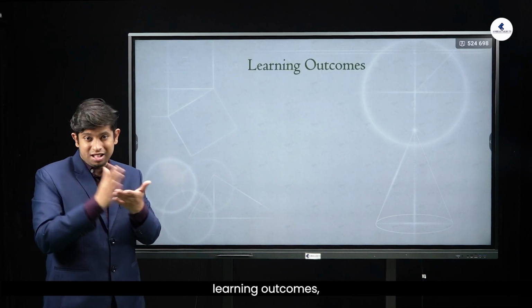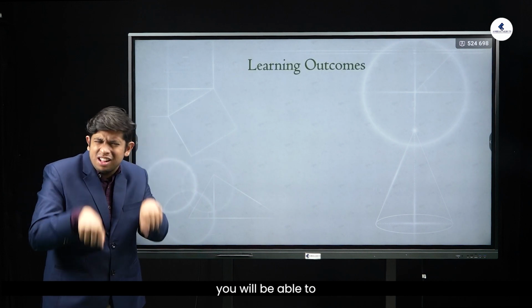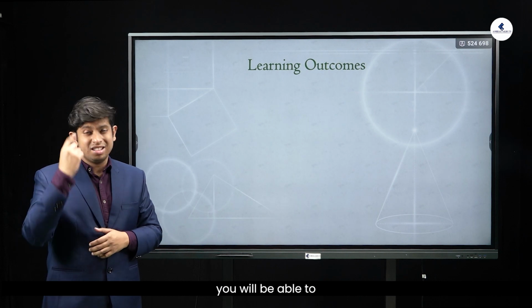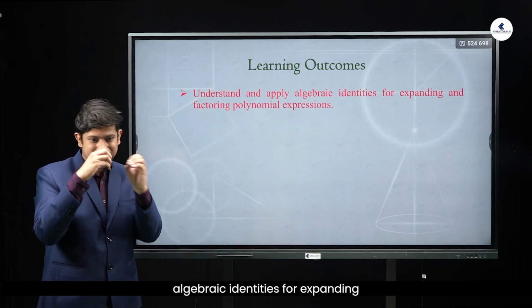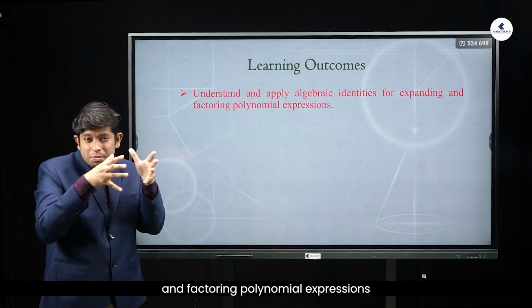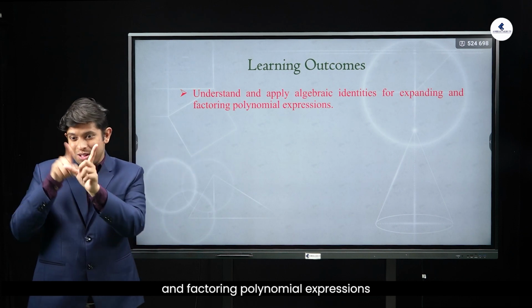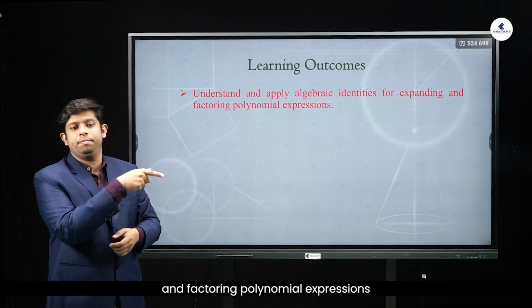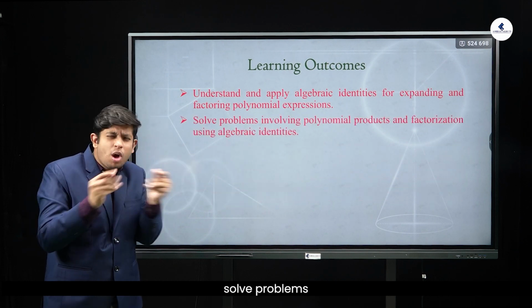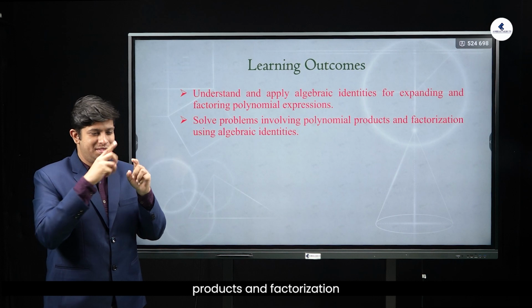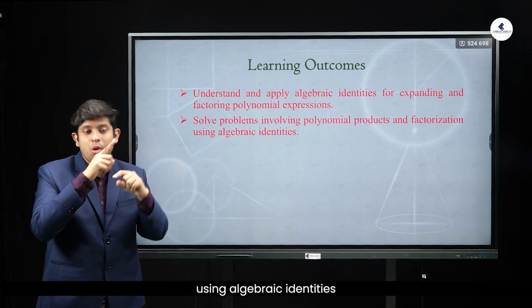Learning outcomes. By the end of this lesson, you will be able to understand and apply algebraic identities for expanding and factoring polynomial expressions. Solve problems involving polynomial products and factorizing using algebraic identities.